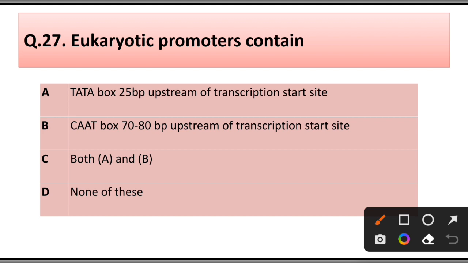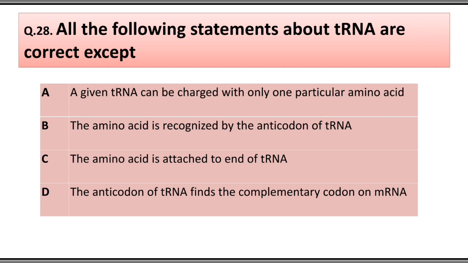27. Eukaryotic promoter contains TATA box 25 base pair upstream of transcriptional site, CAAT box 70-80 base pair upstream of transcriptional site, both A and B, none of these. Correct answer is option C, both A and B. 28.